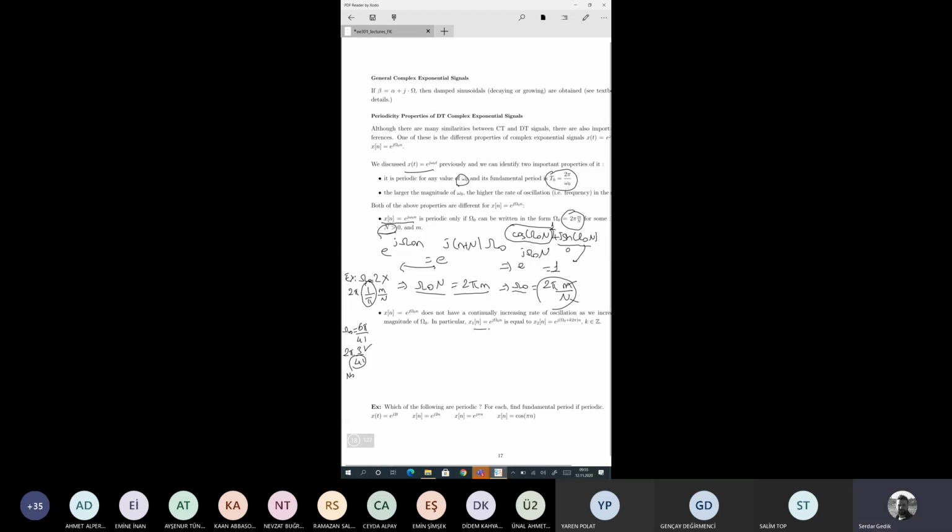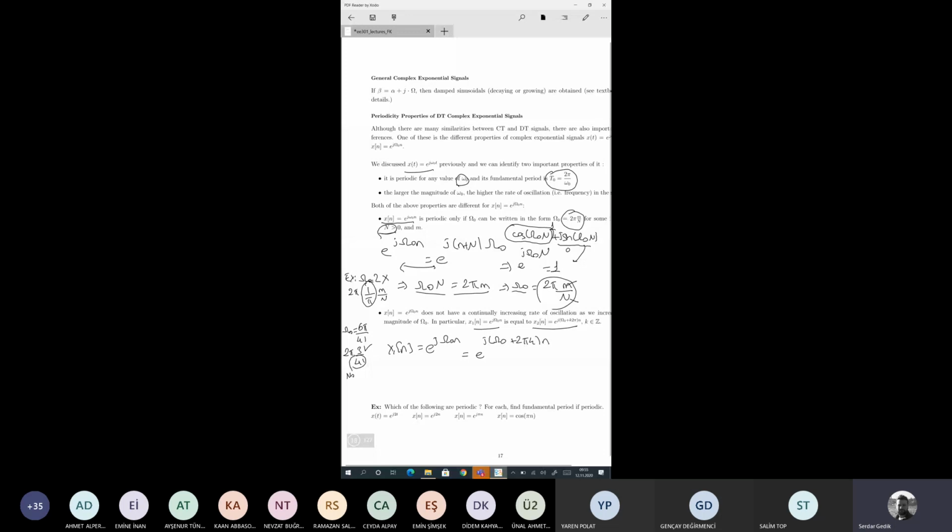So let's assume that I have x1 of n, which is e to the power j omega 0 n. Well, this is equal to x2 of n, for k being an integer. So what is this? x1 of n is e to the power j omega 0 n, and I tell you that this is equal to e to the power j (omega 0 plus 2 pi k) n.